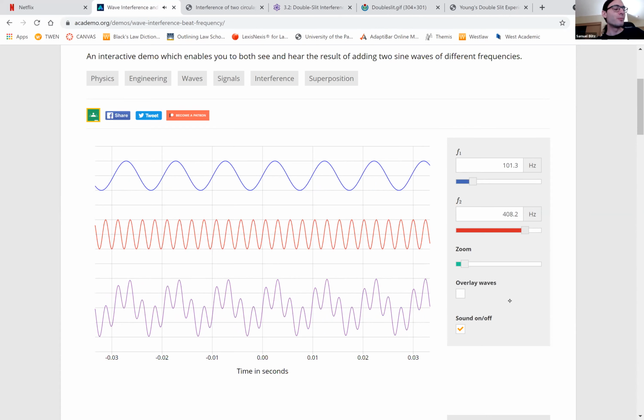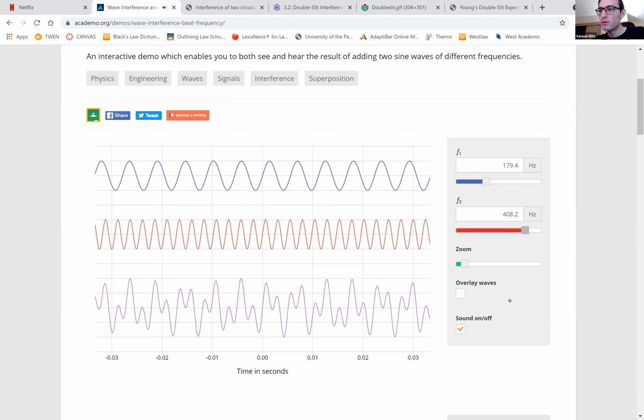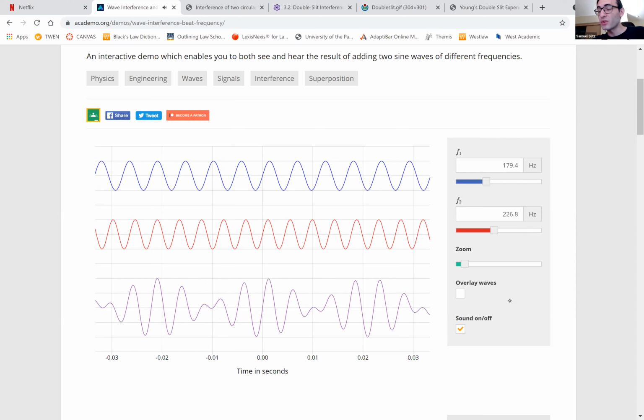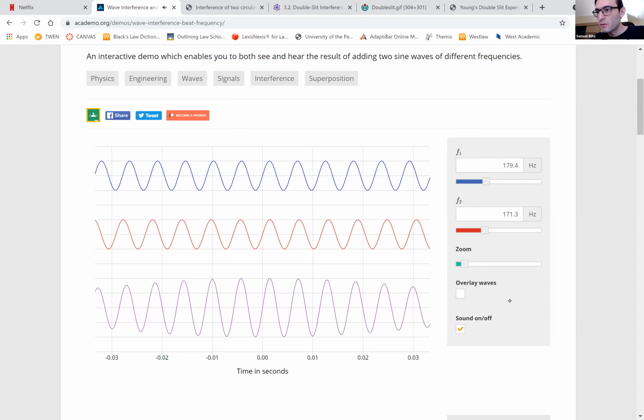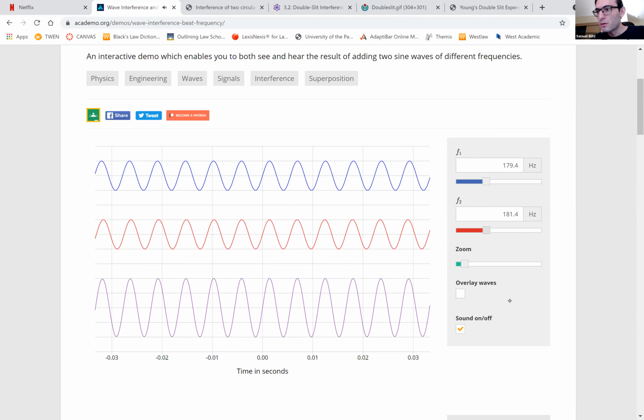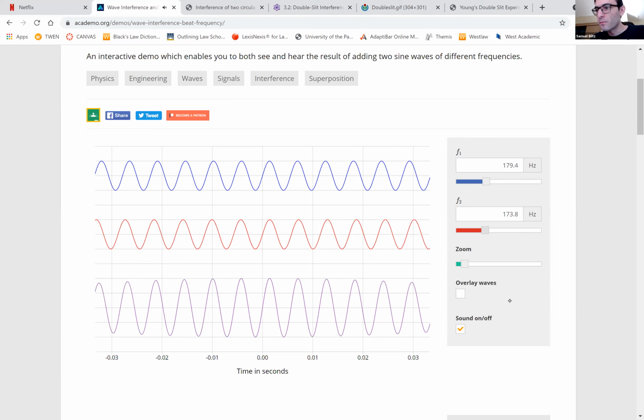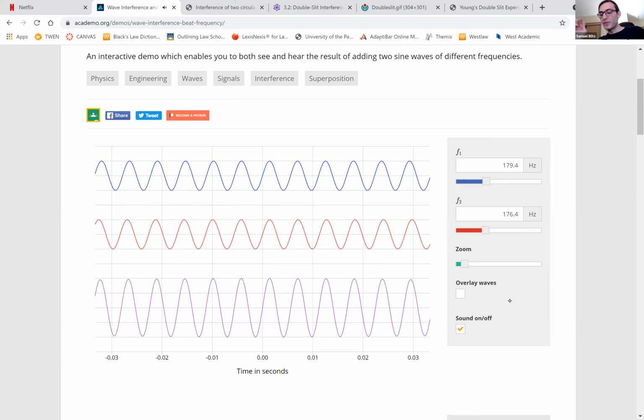The question though, is what happens if their frequencies get really close? So they still sound different. Oops. Okay, now you hear something completely different. Hopefully you hear it.